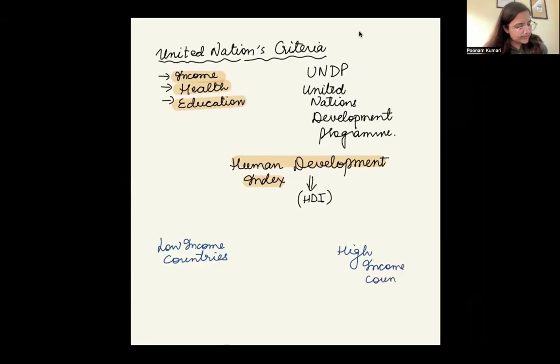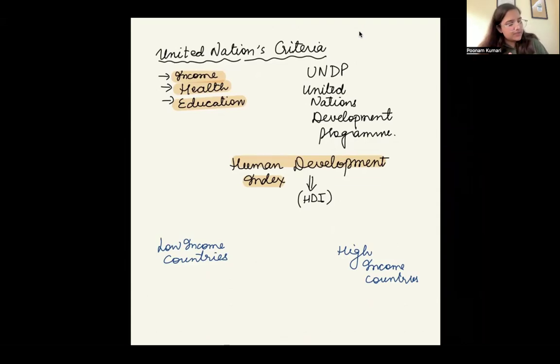So more or less, the low developed countries coming from HDI are kind of similar to the low income countries. And the high developed countries, based on a high value of human development index, are also kind of merging with the high income countries.